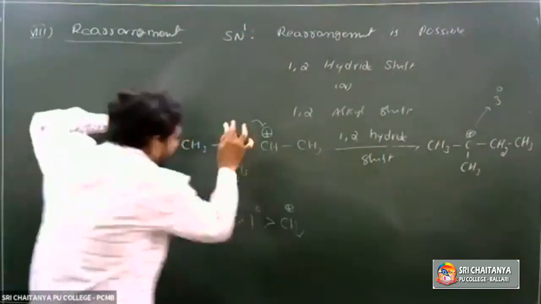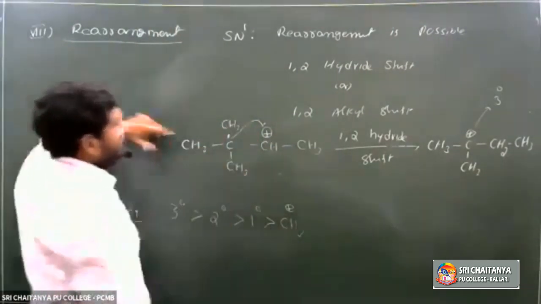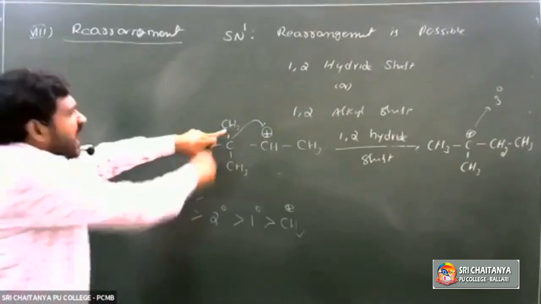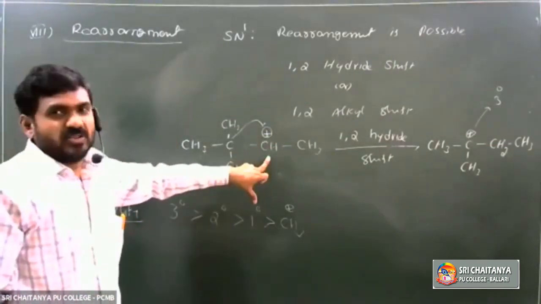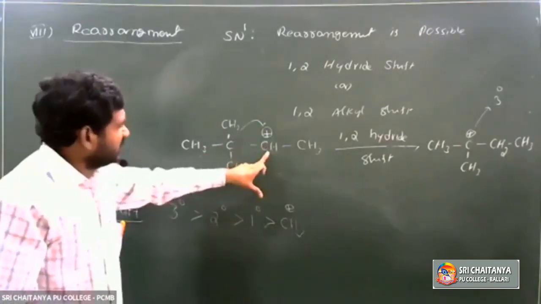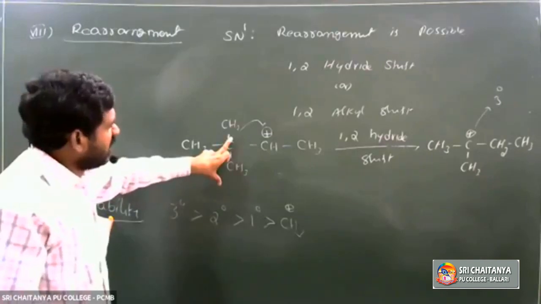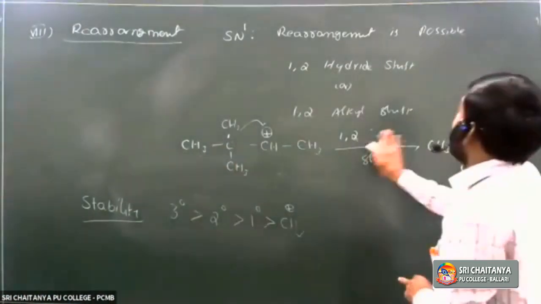Instead of hydrogen, if it has a CH3, sometimes this CH3 minus is also shifted to this carbon, because it is secondary. If CH3 minus is added to this carbon, it becomes a tertiary carbocation. That is considered a 1,2 alkyl shift.